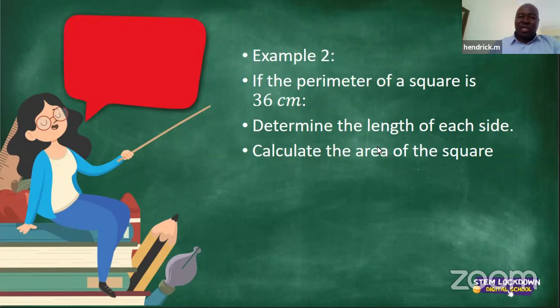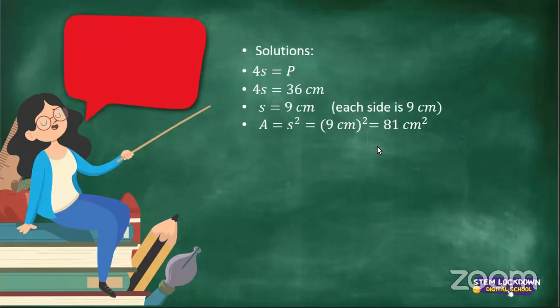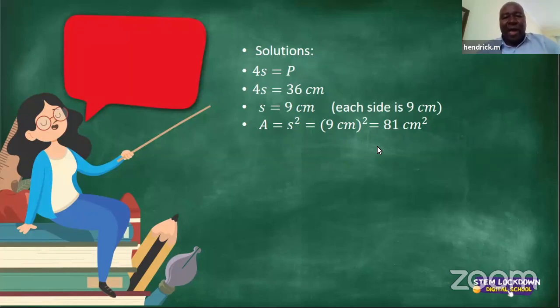Now we are proceeding to the third example. And of course, you've just shown us how to find 9. Basically, the perimeter is 4 sides. So if you equate 4 sides with 36 centimeters, you can divide both sides by 4, meaning you divide 36 by 4 to get 9.